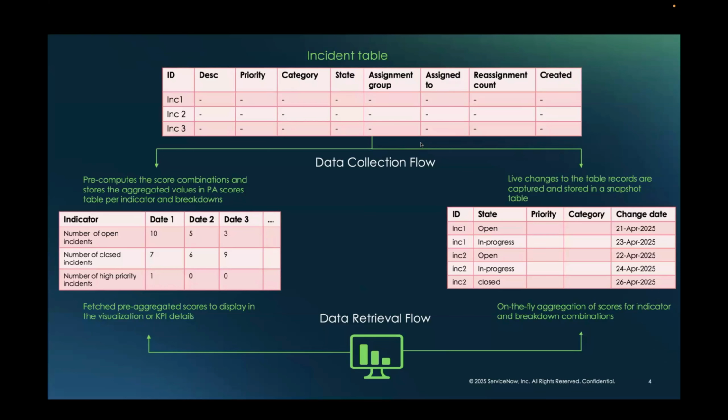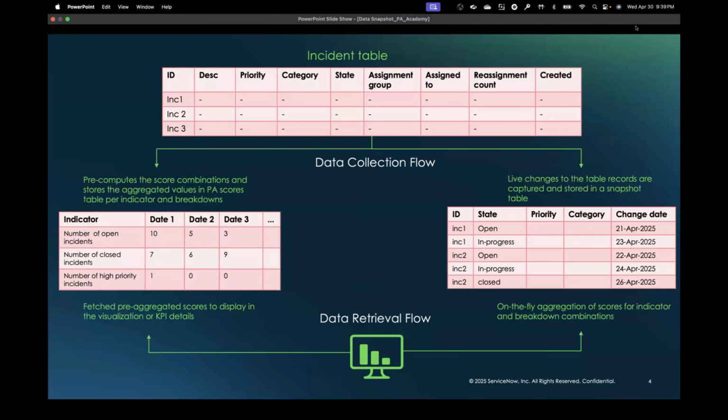Now, in contrast, the data snapshot capability keeps track of changes happening on the table. For example, in this case, as inserts, updates, or deletes are happening on the incident table for the relevant fields configured on the KPI, which are typically your breakdowns, your aggregate field, or your condition fields, the snapshot will start capturing those changes into a data snapshot data source that we maintain internally on the PA side.